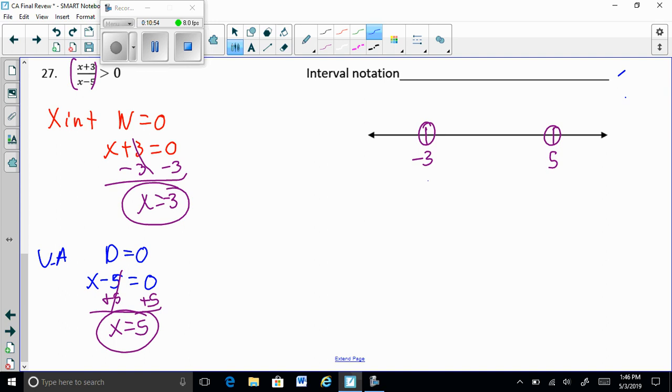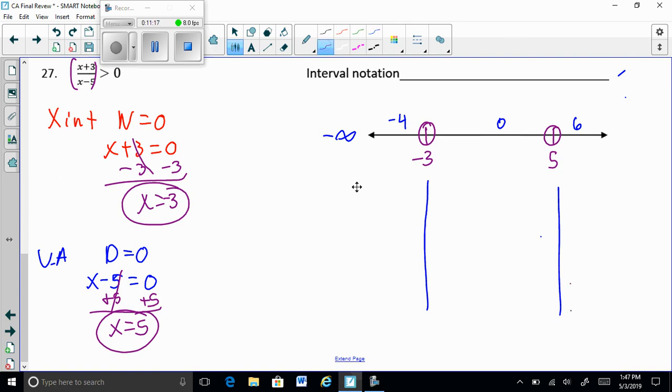All right, so now we need to go ahead and test some points. So from -infinity to -3, we'll try like -4. And then between them, 0 is always good, so we'll test 0. And then somewhere after 5, like a 6, that would be good. All right.